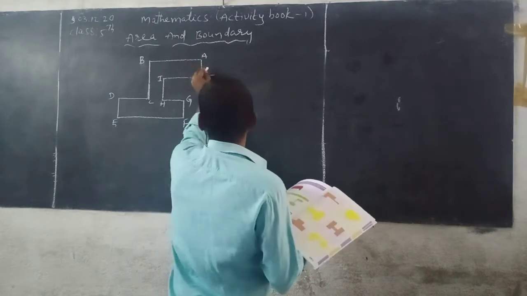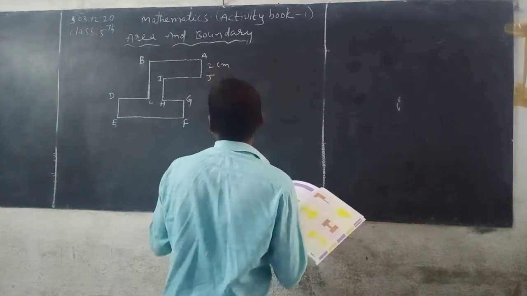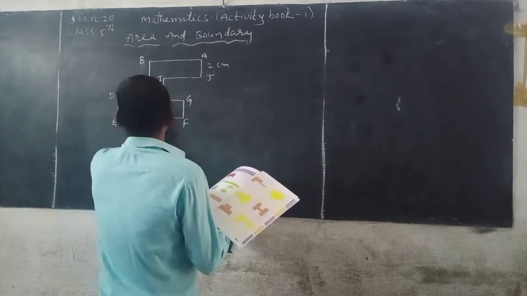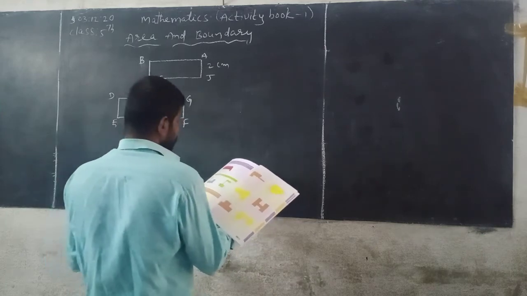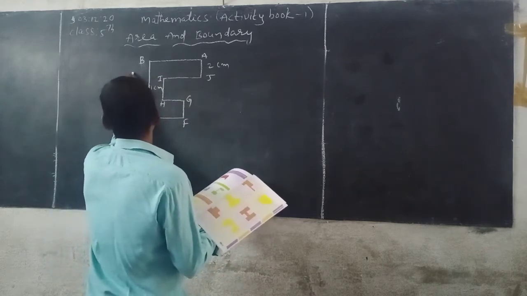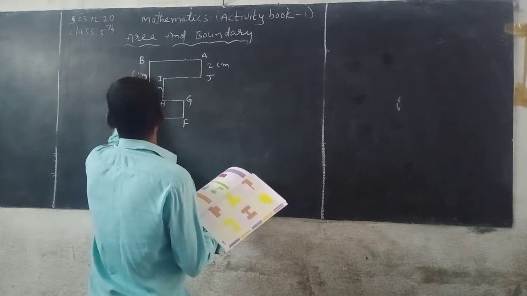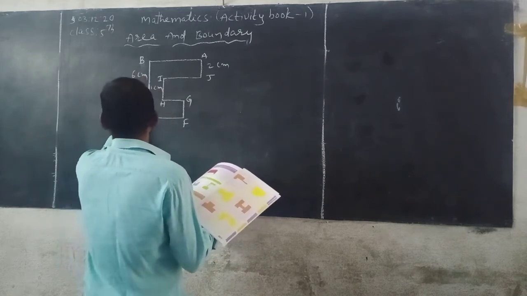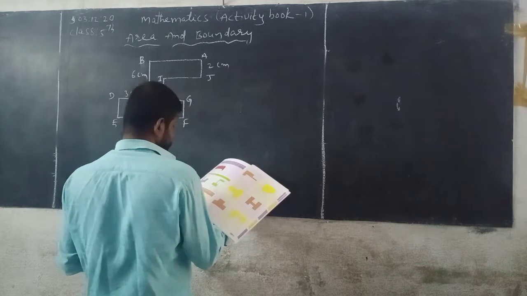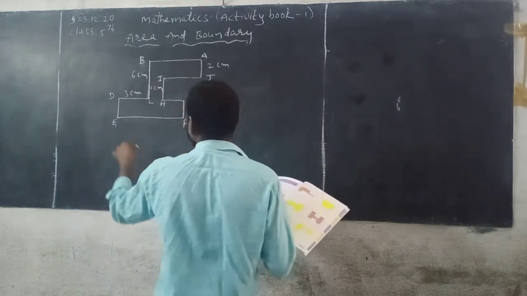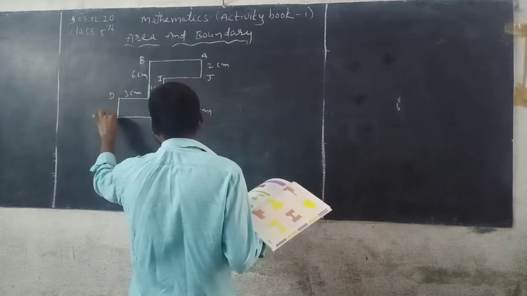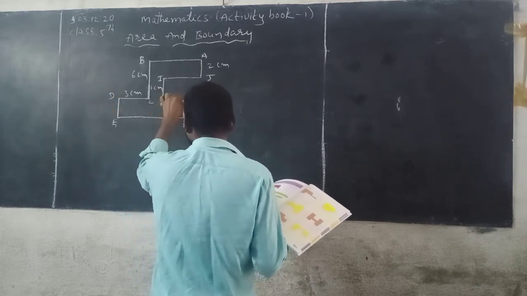See here, this is 2 centimeters. This is 1 centimeter. Now this is 6 centimeters, BC. This is 3 centimeters. This is 3 centimeters. Here DE is parallel to GF.